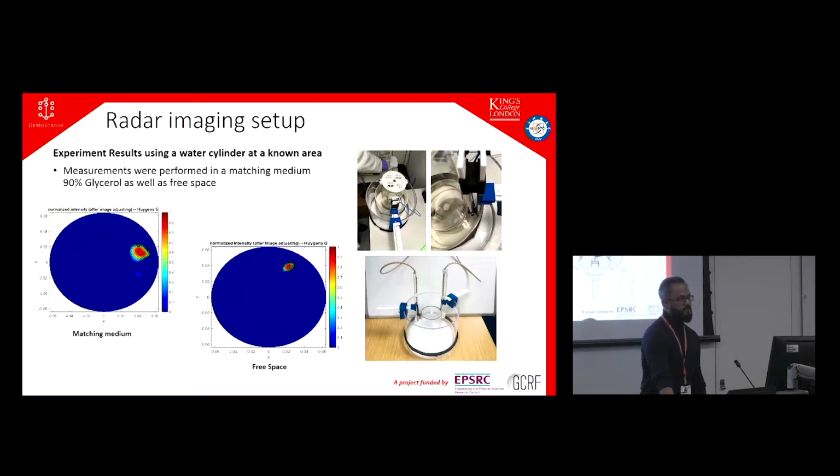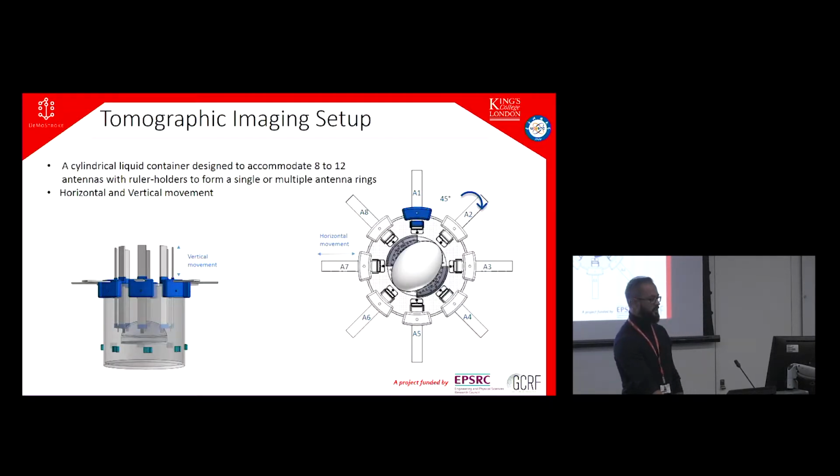Our tomography setup is comprised of 8 antennas, and that also has an acrylic tank, but it works only in the dielectric medium. We have some vertical mounts to adjust the position, so this system is quite flexible in order to acquire the data for 2D or 3D imaging setups. There is also a very robust system in place to insert different targets.